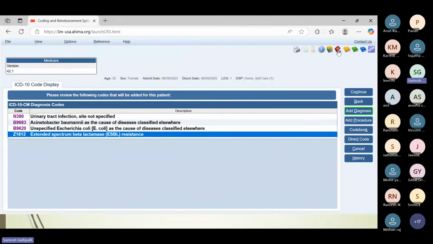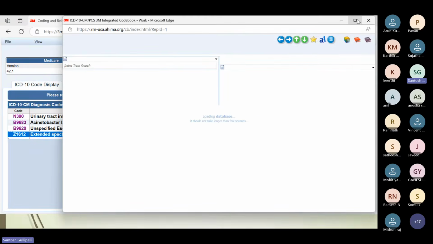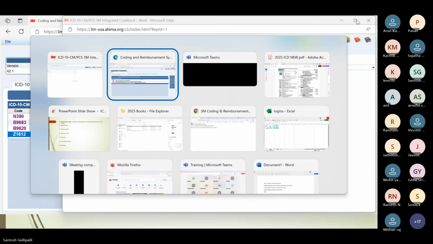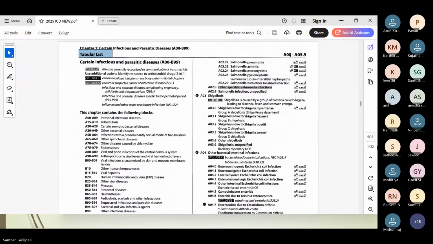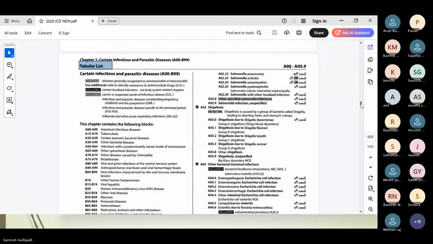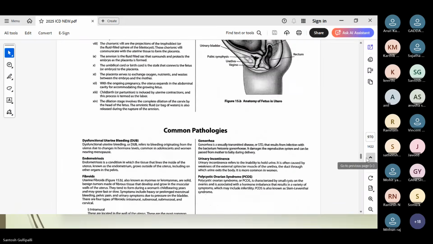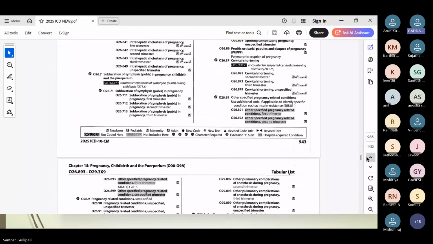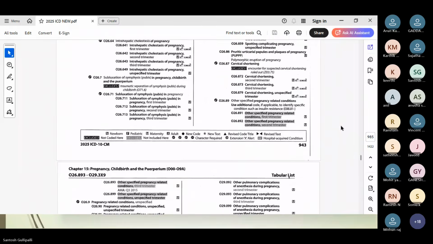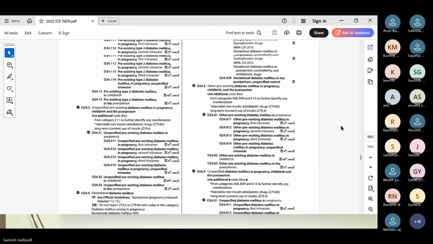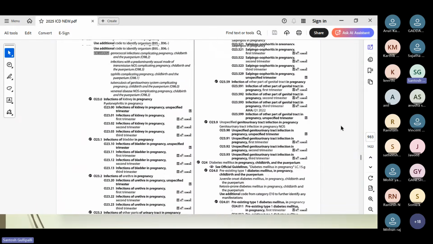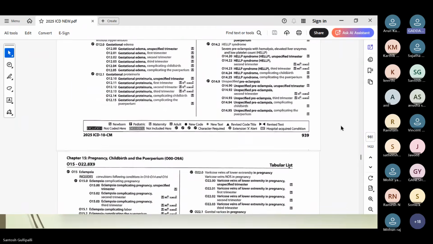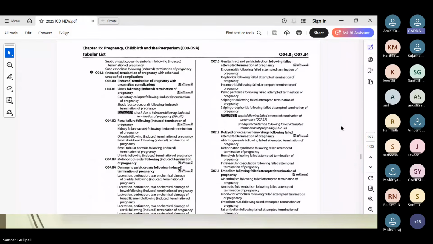General note means, see, in ICD-10, I will show you one example.